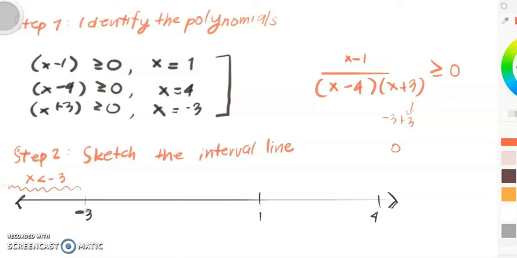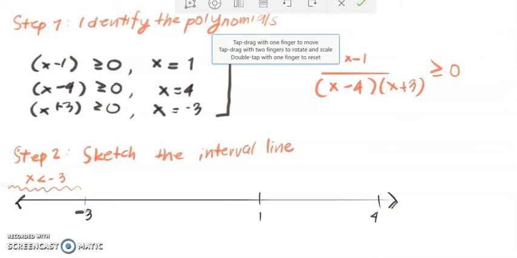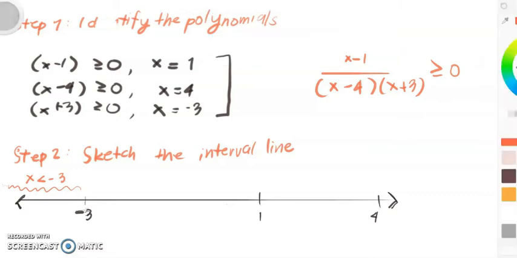And 0 times a number would be equal to 0, and anything divided by 0 does not exist, or it's an error. It's not included. So we do not include negative 3. We write x strictly less than negative 3. And to remind us that it's not included, we draw a hollow circle.